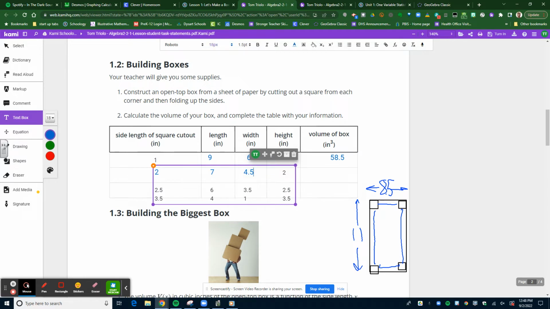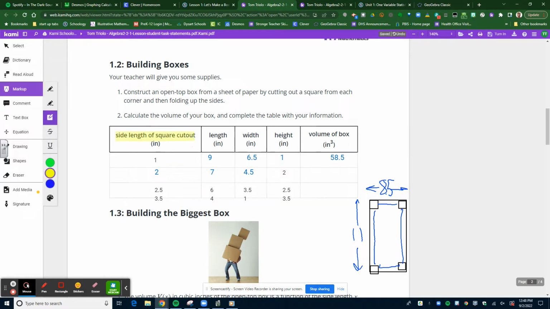Take a minute. Find your volume for these. And then you are going to graph that as X and the volume as Y using a table of values in Desmos. Okay? So you have to calculate the volume. Your horizontal axis is the side cutout, also your height.